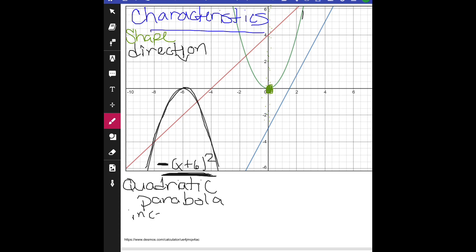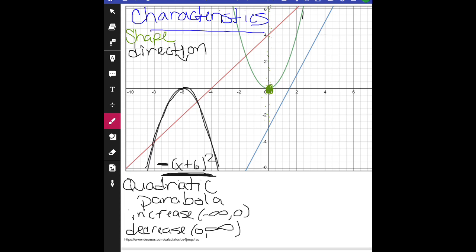It increases from negative infinity to 0 because it's on the y. And then it decreases from 0 to positive infinity.